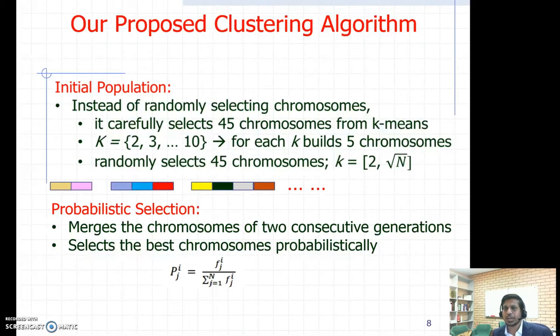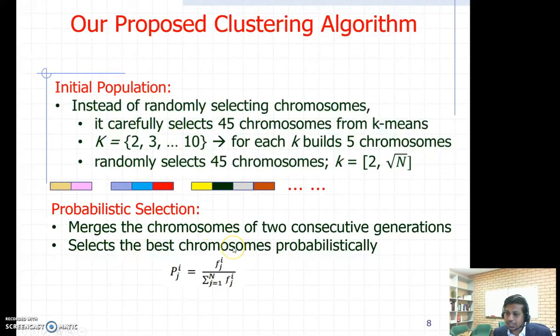Instead of the way that traditional algorithms randomly pick a random set of initial population, if you can start with a good set of initial population, the chances will be higher that you will get a good end result.